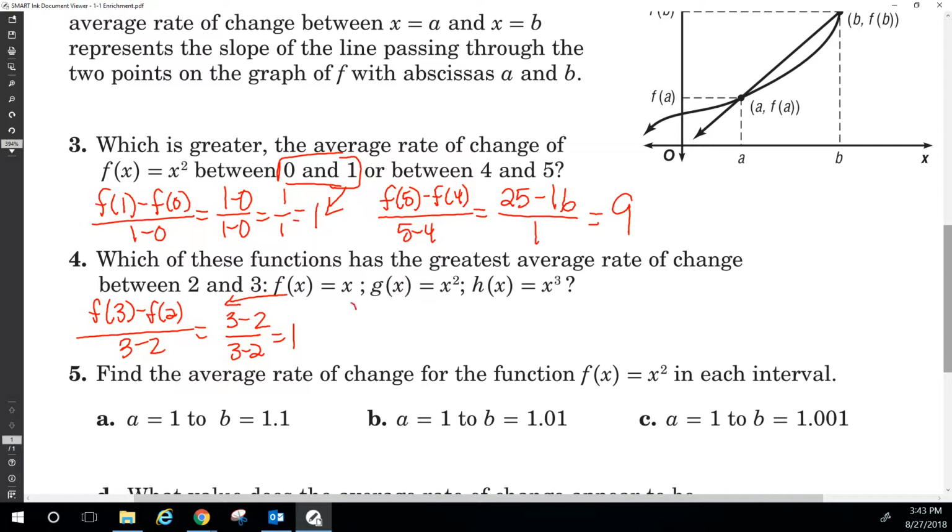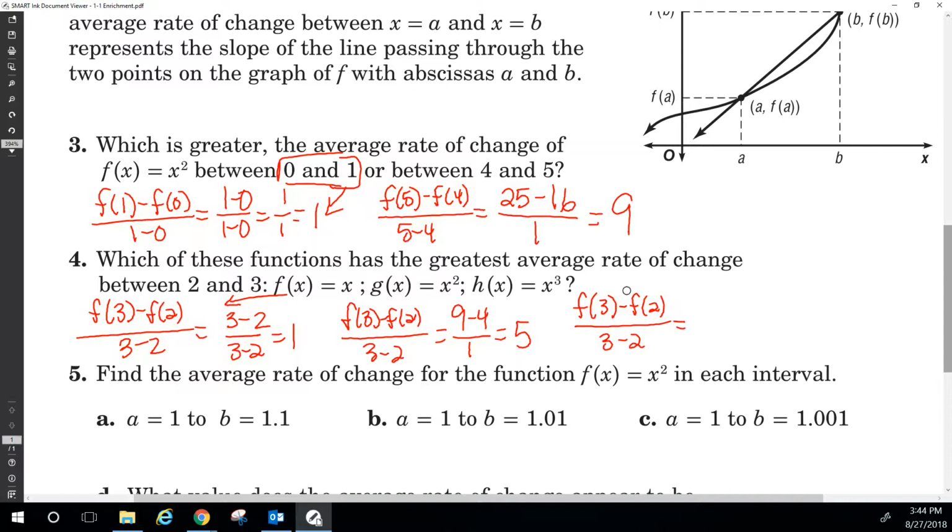For x squared, what's our rate of change? We got f of 3 minus f of 2 over 3 minus 2. So f of 3 would be 3 squared, which is 9, minus 2 squared, which is 4, over 1, so that's 5.